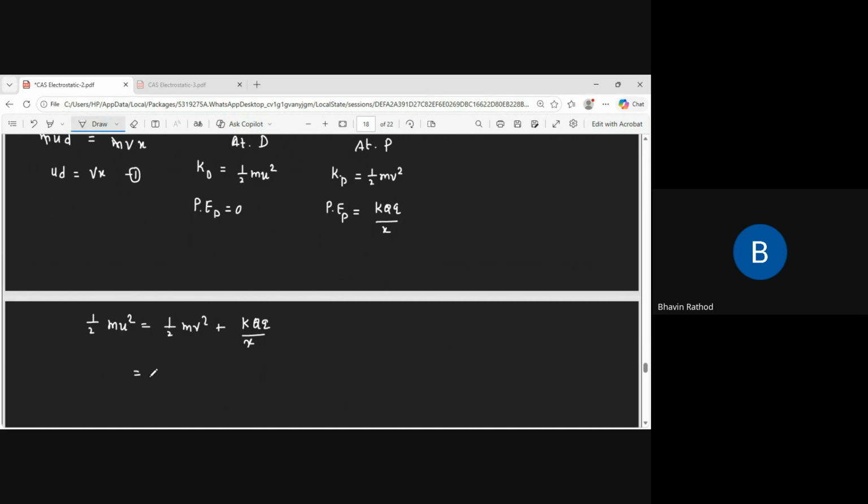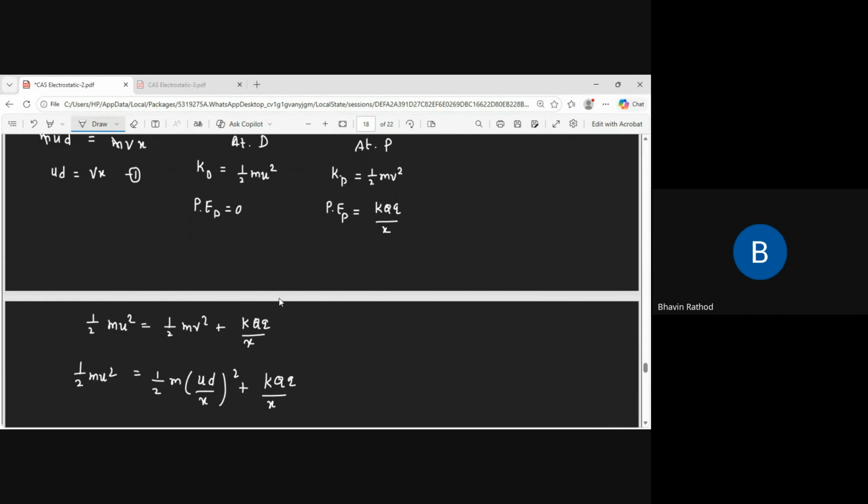So for this term over here, we can say this is ud by x, squared, and Qq by x. We can see that in this expression, x is the only unknown. We will get a quadratic equation in x, so we can solve for it.